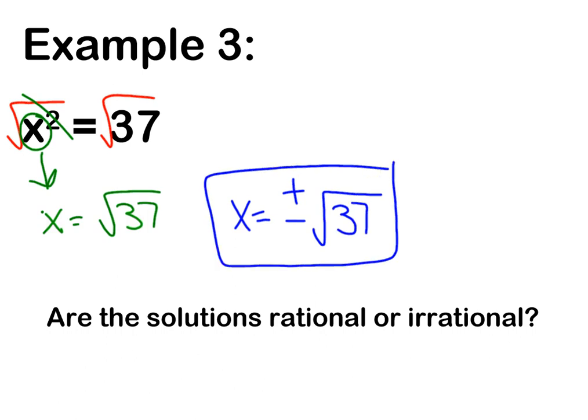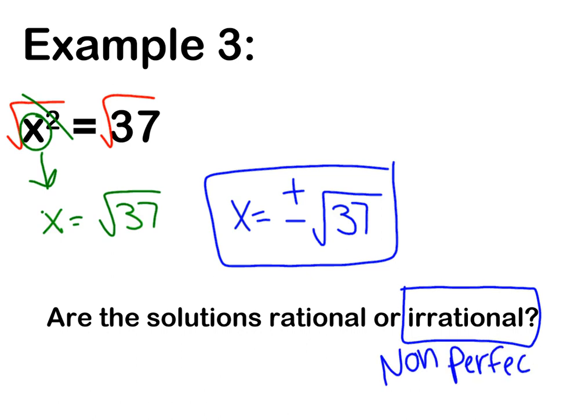And of course, that is going to be irrational because it is a non-perfect square root. So if we were to type that into our calculator, we would get a never-ending decimal that doesn't repeat. That's the reason why it's considered irrational.